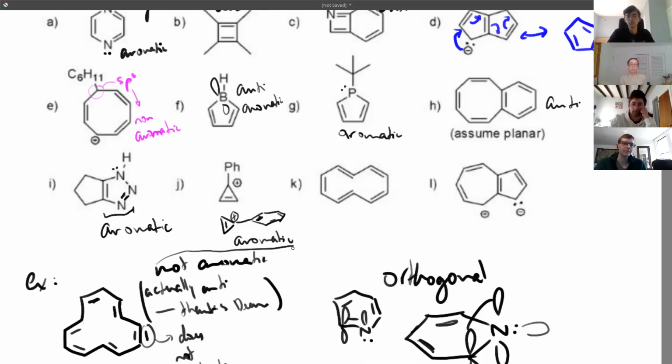That's why I would say it throws the whole thing off, meaning it would be non-aromatic. But I understand why the right part of that molecule is aromatic.